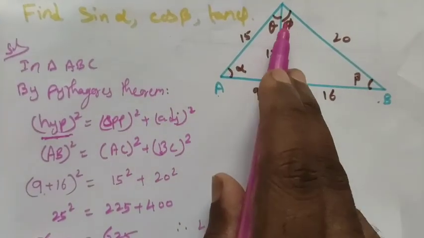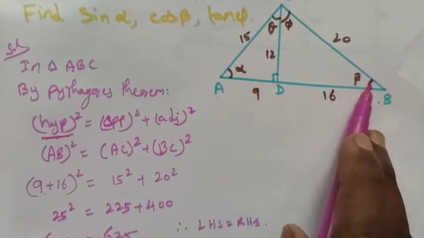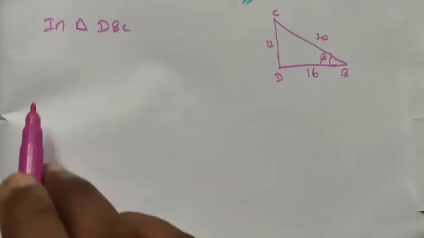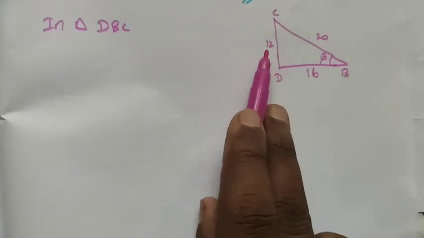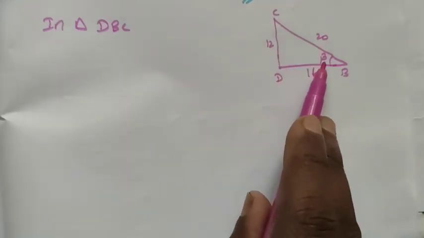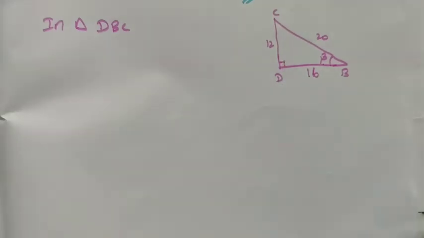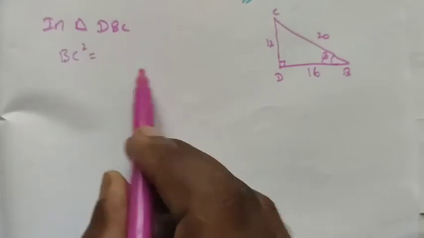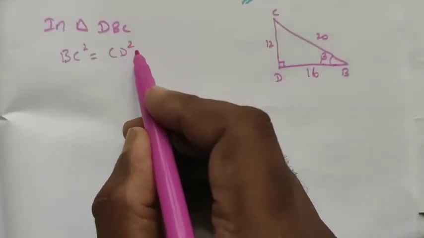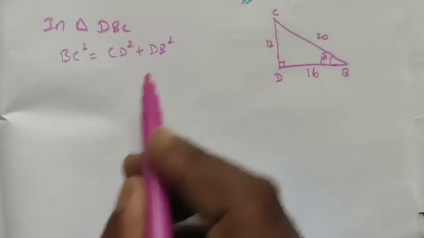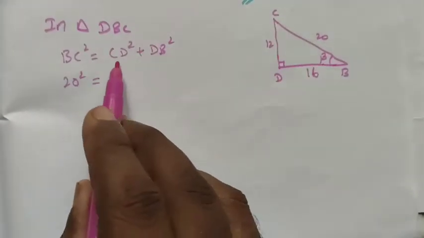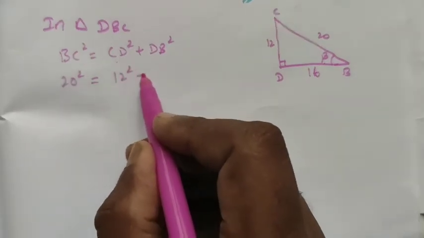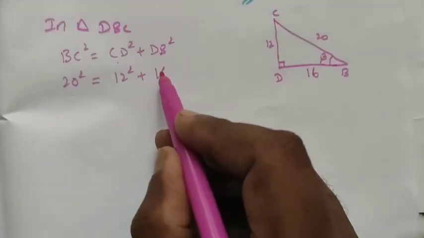Next we have to select the triangle DBC. In triangle DBC, here I have drawn the diagram roughly. The sides are 12, 16 and 20. This is beta, this is 90 degrees. So the hypotenuse side is BC square equal to CD square plus DB square. Then BC square is 20 square, CD is 12 square and DB is 16 square.